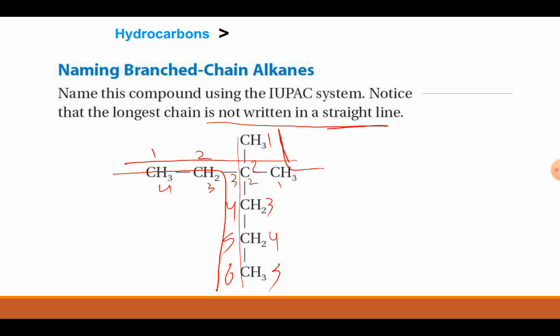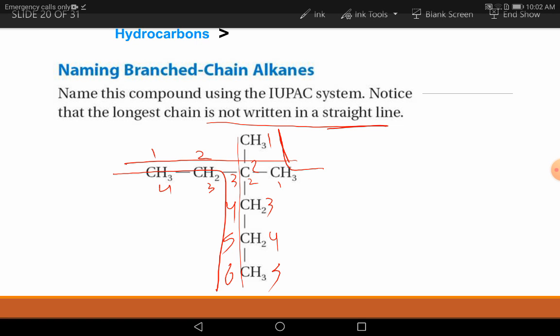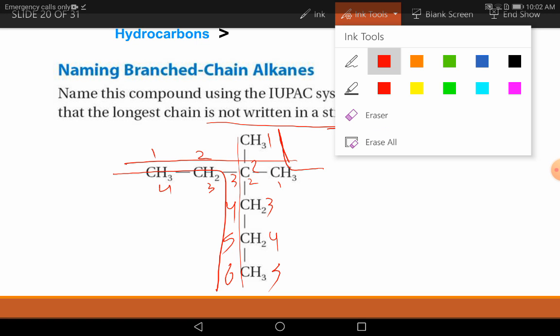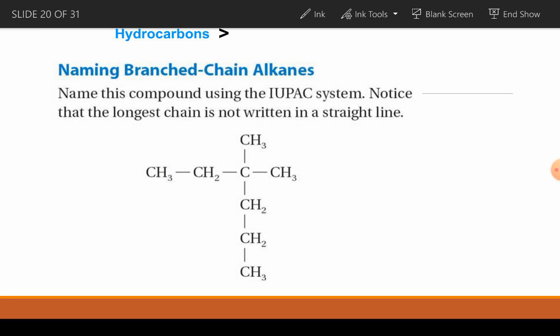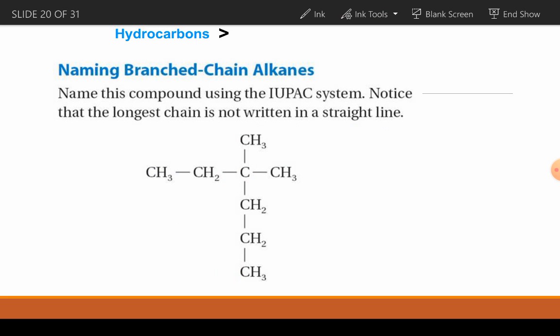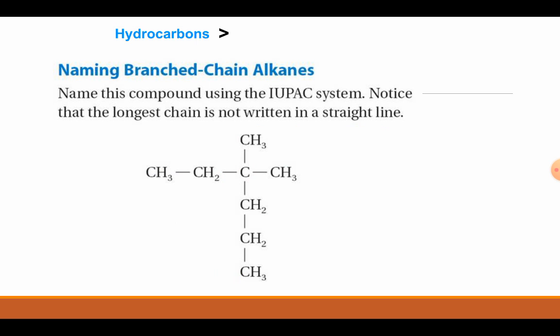So this will be the parent. Let's clear. Now we'll choose this one. This is the longest chain because it has about 6 carbon atoms, but all the other chains have 5 maximum.